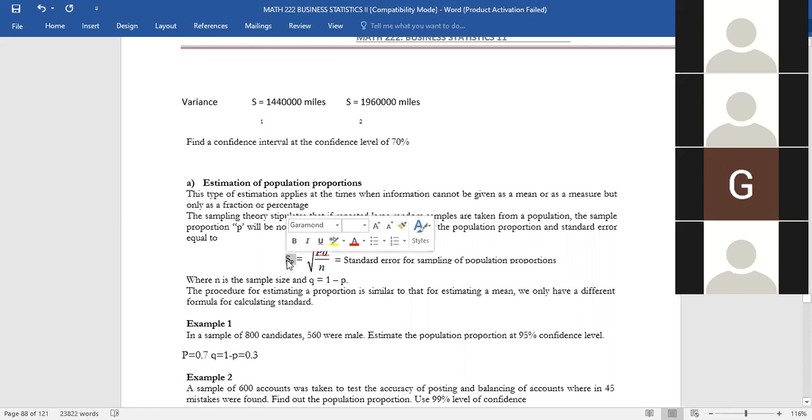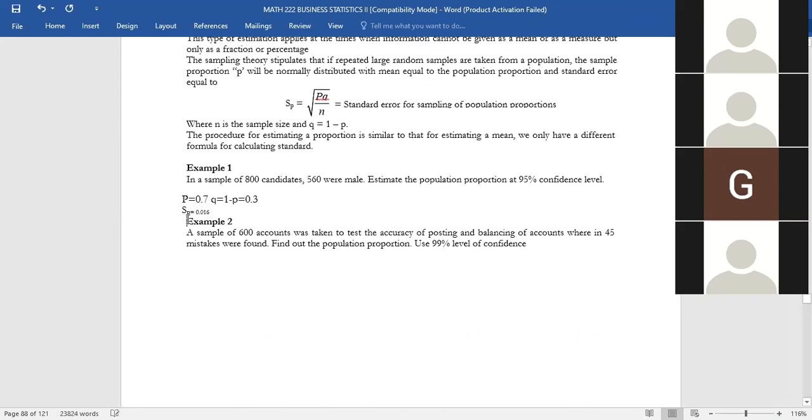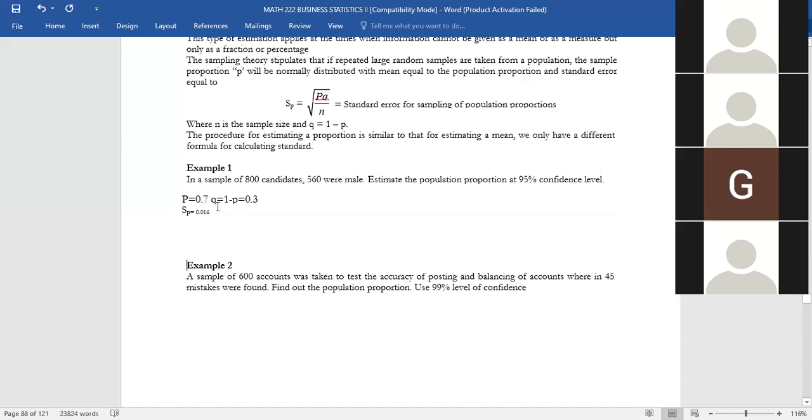Yes, 0.016. I can bring this here and make it larger for everyone to see.